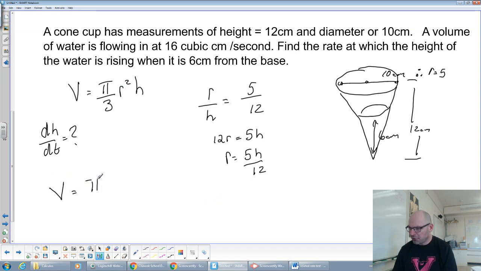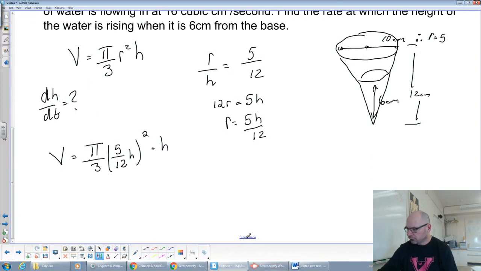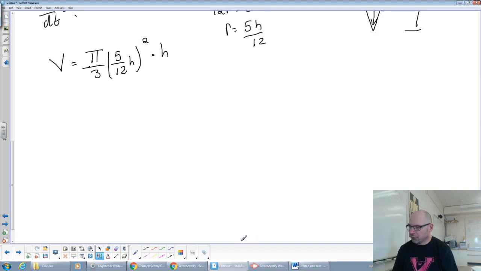So it's pi over 3 times (5 over 12 h) squared times h. We're just going to do some algebra here. 5 squared is 25, 12 squared is 144.